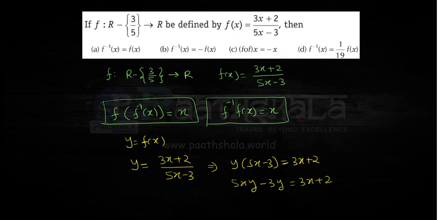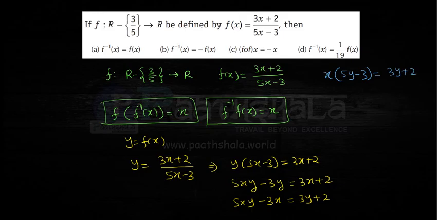So we will get 5xy - 3x = 3y + 2. Now factor out x on the left side. What we will get? x(5y - 3) = 3y + 2.